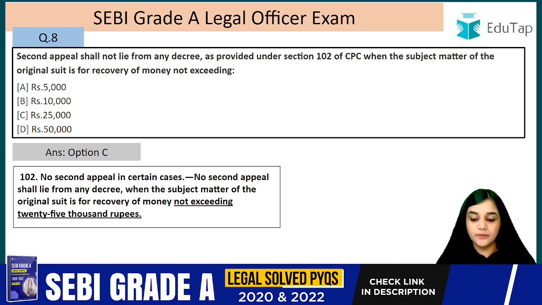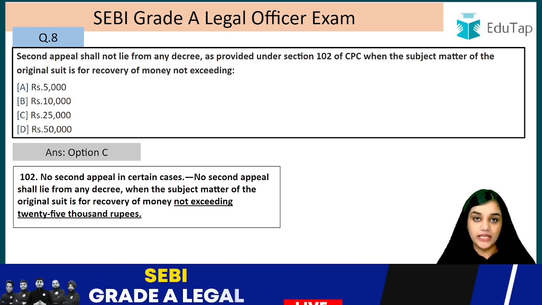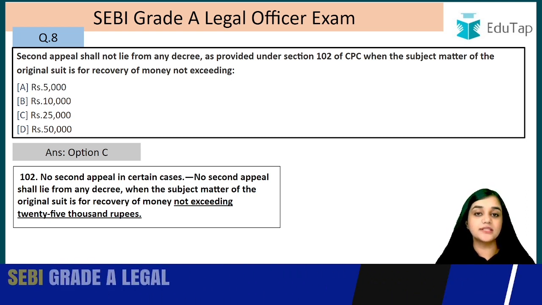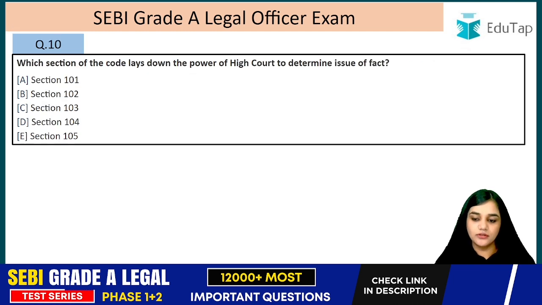Let's read it. So, no second appeal shall lie from any decree when the subject matter of the original suit is for the recovery of money. They are only talking about a money suit when it is not exceeding 25,000 rupees. So if your subject matter is less than 25,000 rupees, in that case, no second appeal shall lie. Right? Next question.